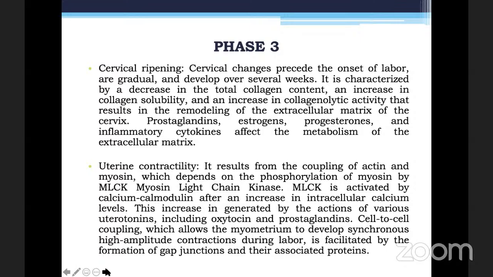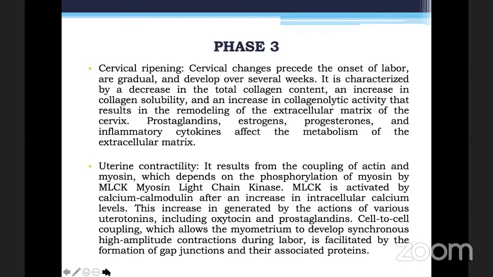Uterine contractility would result from coupling of actin and myosin, which depends on the phosphorylation of myosin by the myosin light chain kinase. MLCK is activated by calcium calmodulin after an increase in intracellular calcium levels. This increase is generated by the actions of various uterotonins, including oxytocin and prostaglandins.